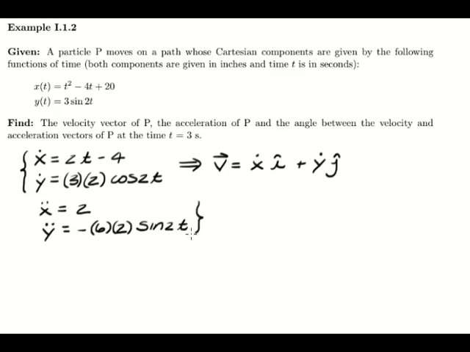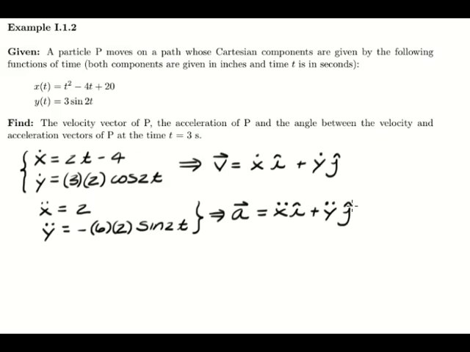So from that, we have the components that go into the acceleration vector. So a is equal to x double dot i plus y double dot j. So again, putting in our time here of 3 seconds in for those expressions for x dot, y dot, x double dot, and y double dot, we have v and a.